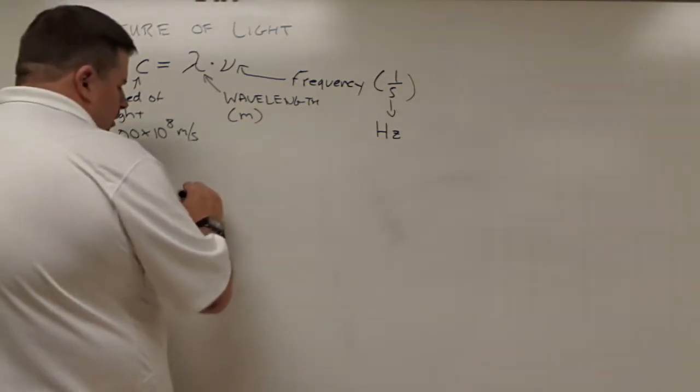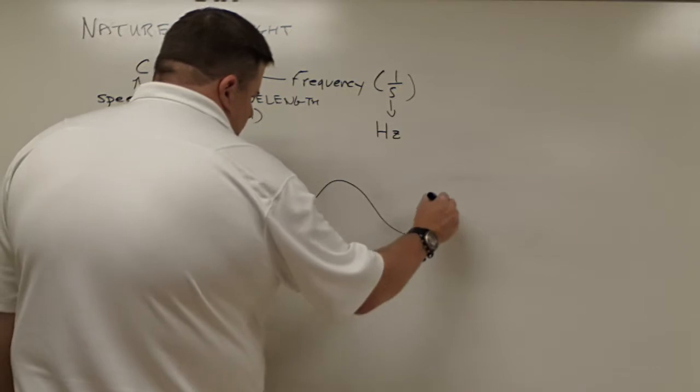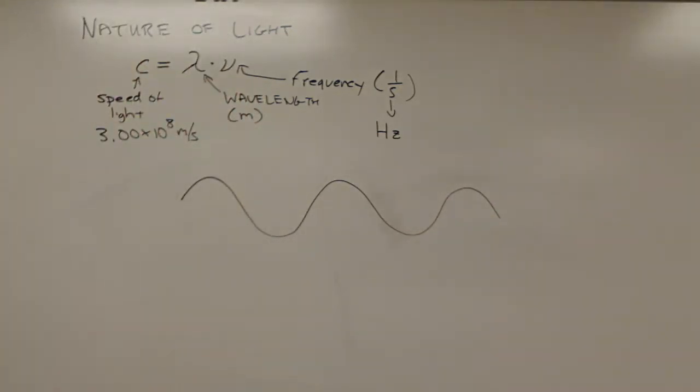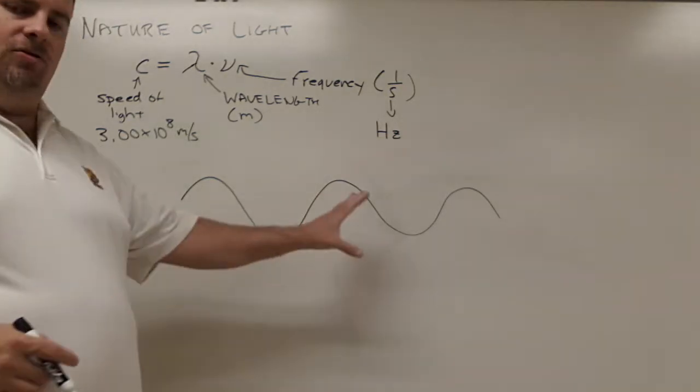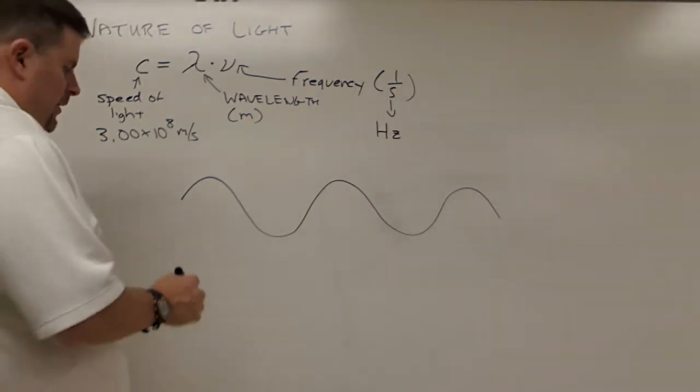Well, let me draw a wave here on the board. Alright, so here's a wave. And you look at that and say, well, that's light traveling through something, a poorly drawn board. But if you've got light moving in this direction, we have to define what's a wavelength and what's frequency.